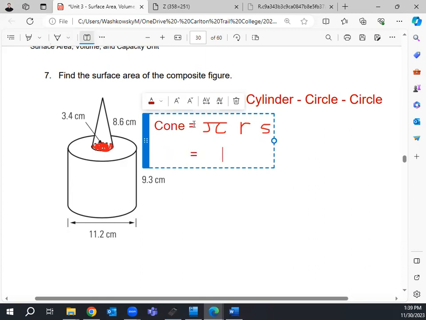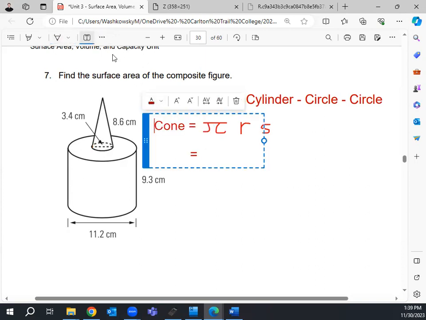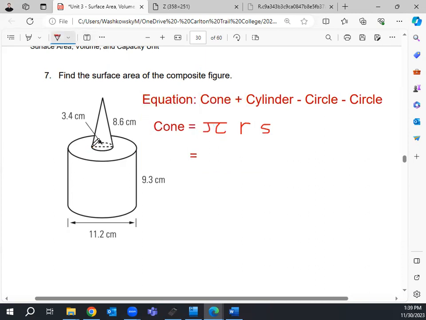So it's going to be equal to pi. What's the radius of my cone? 3.4 is the diameter of it, right? So 1.7. So my radius is going to be 1.7. Again, that's a really common error to make.